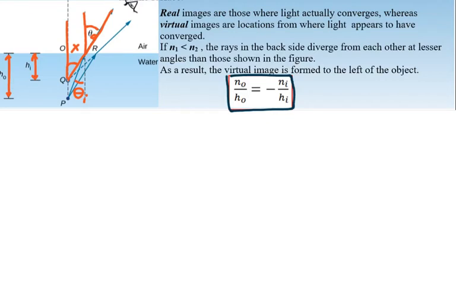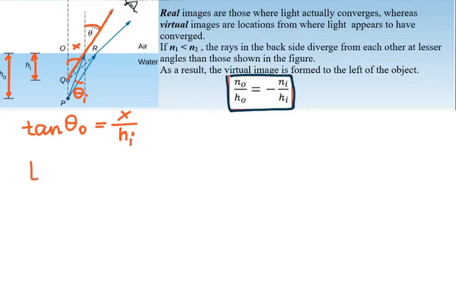So I'm going to say that the tangent of theta O, so this is theta sub O and this is theta sub O, this is X, is equal to the opposite over adjacent, so that gives me X over HI.